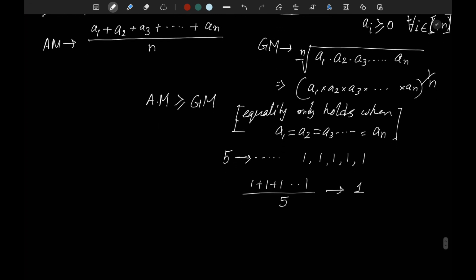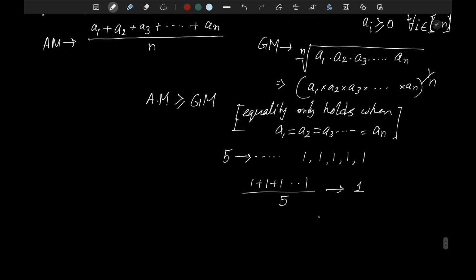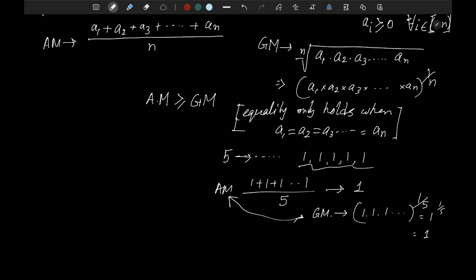Okay, and when you take the GM, that is 1 into 1 into 1 to the power 1 by 5, or 1 to the power 1 by 5, which will also be 1. So you have your AM and GM equal because all the numbers are equal. Okay, so we are concerned with this AM-GM inequality. How? We will see.